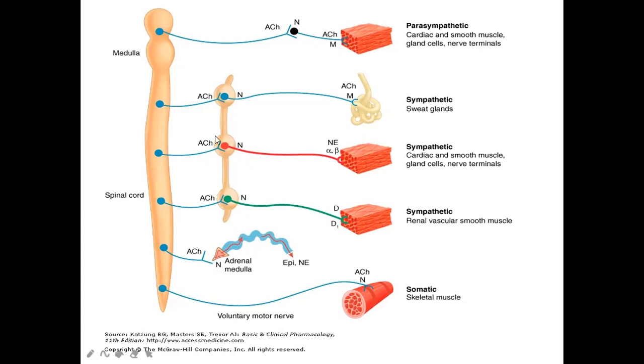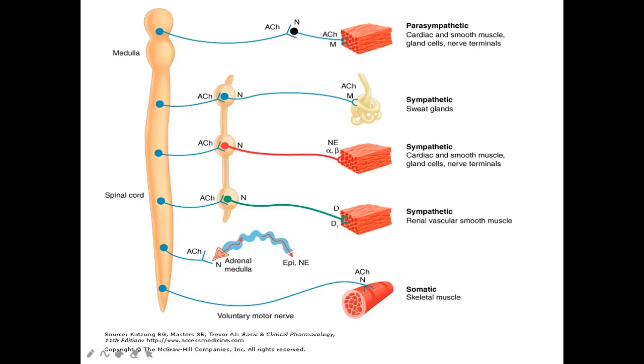Then when you look at the sympathetic innervation of cardiac and smooth muscles, gland cells, and nerve terminals, you see acetylcholine is the presynaptic neurotransmitter and norepinephrine is the postsynaptic neurotransmitter. When you look at the renal vascular smooth muscle, the sympathetic presynaptic neurotransmitter is acetylcholine, whereas the postganglionic or postsynaptic neurotransmitter is dopamine.